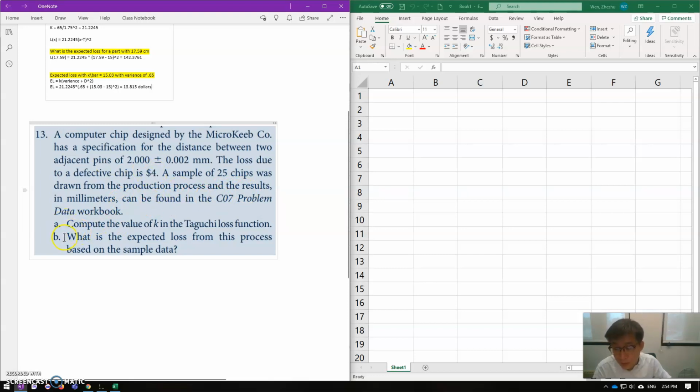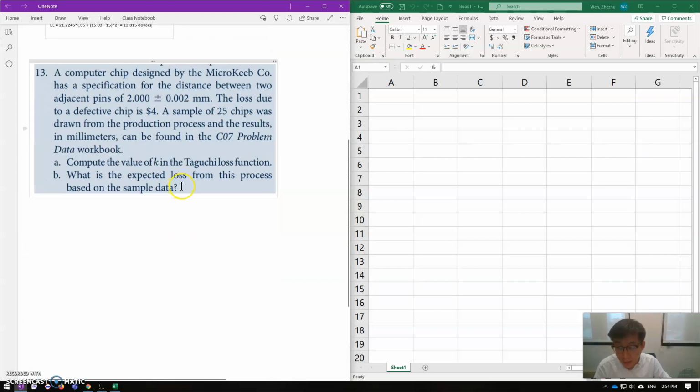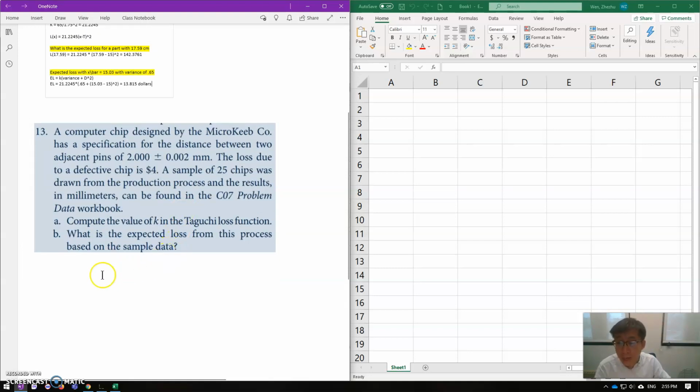The first question is telling us to evaluate the Taguchi loss function, to get the value of K. The second one is letting us evaluate the process, not based on descriptive statistics like problem number 8, but from a sample data drawn from the process. Anyway, let's take a look at question number 8 first.